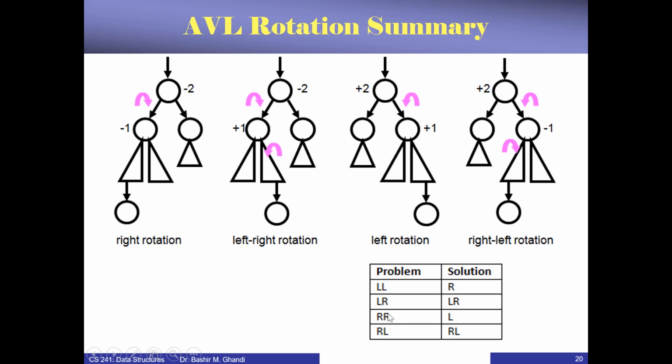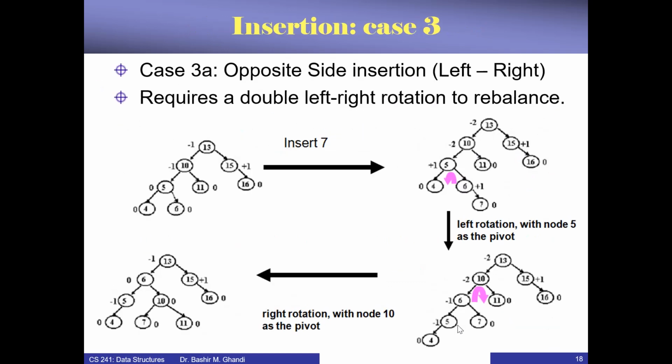Right, right as a problem, the solution is single left. On the other hand, if you have opposite sides, so you have left, then right, in that case the solution is left, right. So easy to remember, left, right, left, right. Whereas right, left will require right, left. So these are the 4 cases you can encounter in insertion.